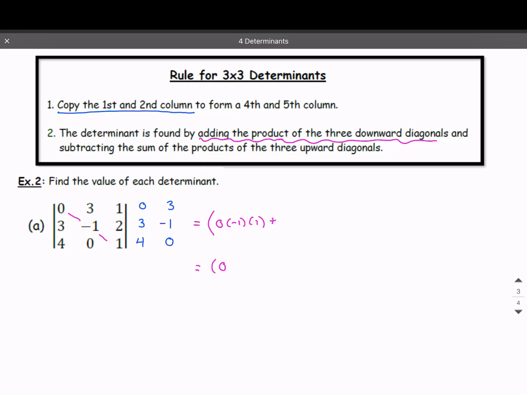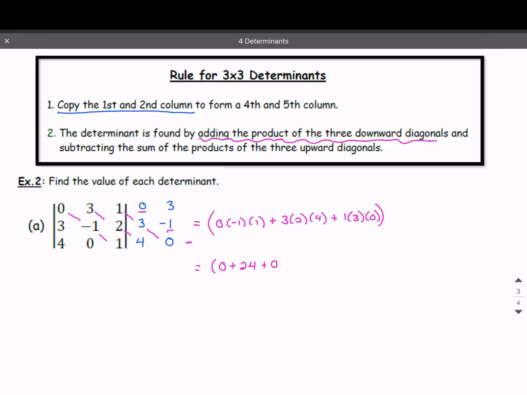Plus, now I'm going to go to the next one. 3 times 2 times 4. 3 times 2 is 6, times 4 is 24. And then we got another diagonal, 1 times 3 times 0, so plus 1 times 3 times 0, which has a product of 0. Now, if you try to do another downward diagonal, there's only a 0 and a -1. There's no third number here, which means you're done in that direction, okay?